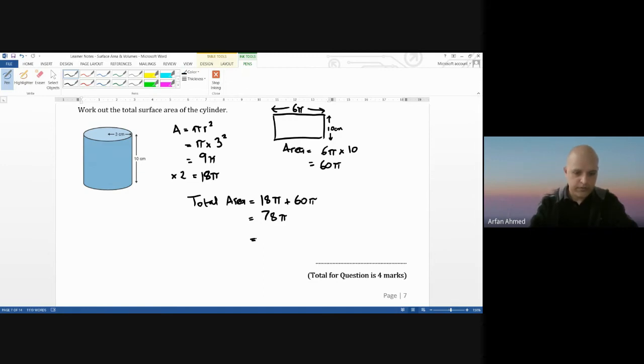I'll give both in this case, because it didn't specify. 78 pi is equal to 245.044227. Let's call it 245 centimeters squared. Yeah, that's good enough.